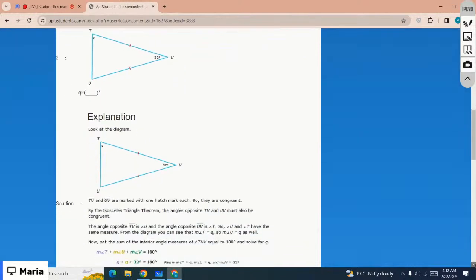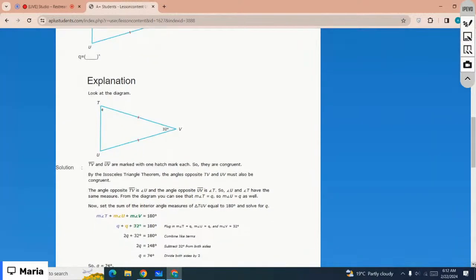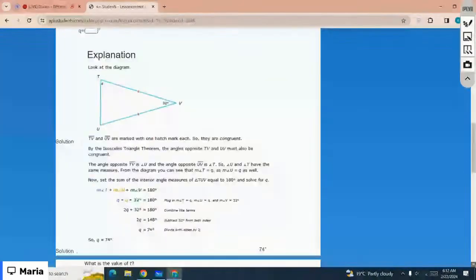So let's see. You have to find the angle. TV and UV are marked with one hatch mark each, so they are congruent. By the isosceles triangle theorem, the angles opposite to TV and UV must also be congruent.